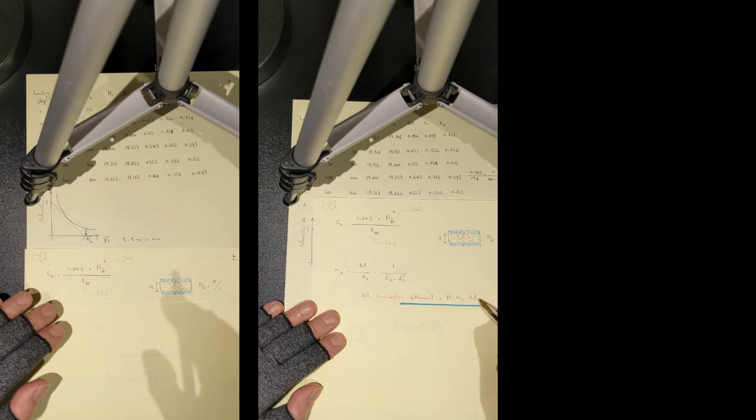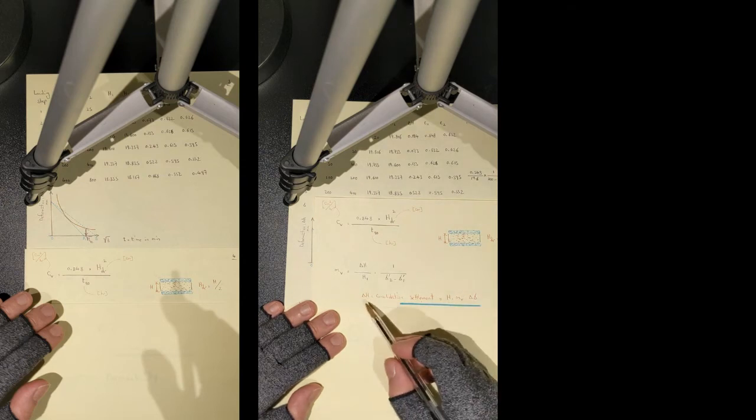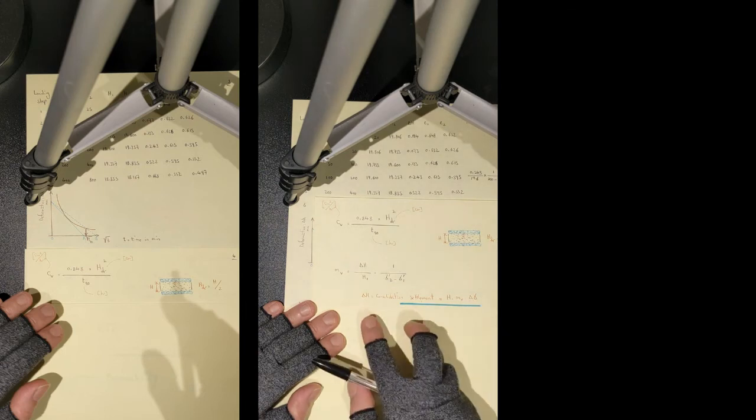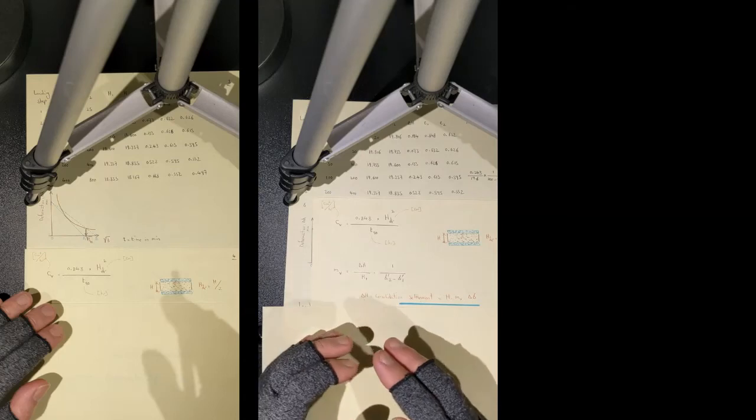As simple as this. This very simple equation can give you the exact amount of consolidation settlement in your clay layer, clay strata. So M sub V is quite useful in this sense.